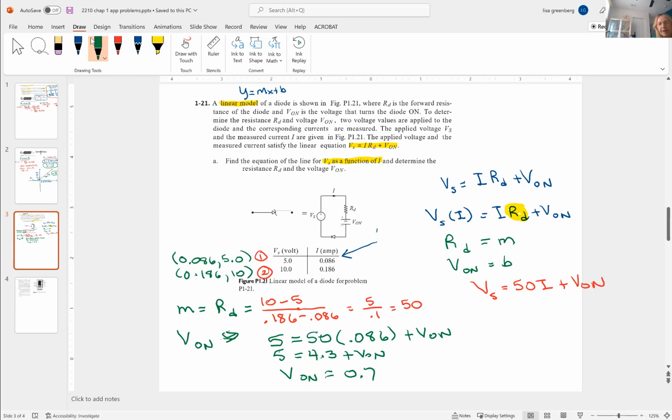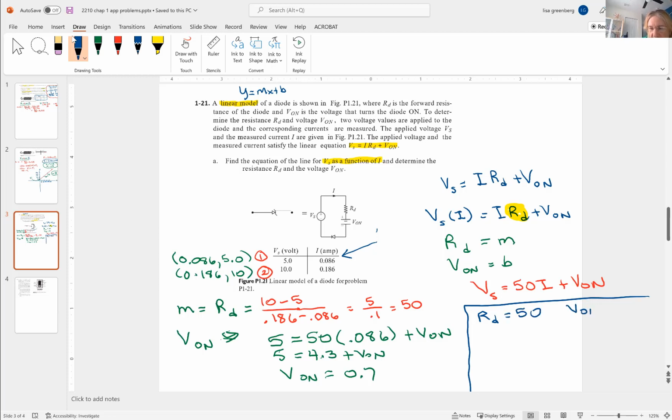All right, well, perfect. That means I now know the equation of the line, which is what they're asking me for. Find the equation of the line for V sub S as a function of I and determine R sub D and V on. Okay, well, R sub D we found to be 50.